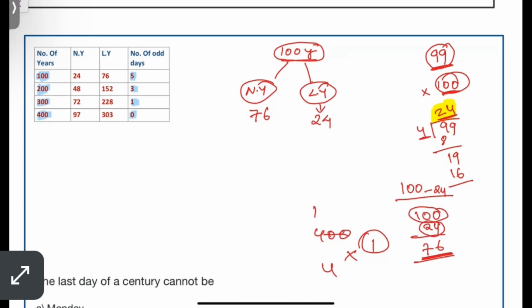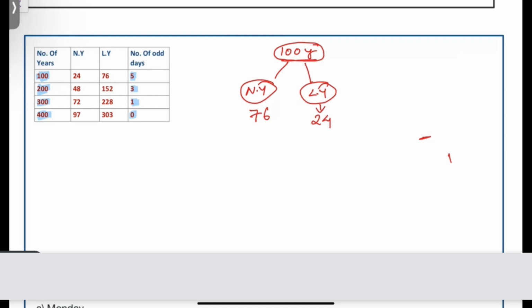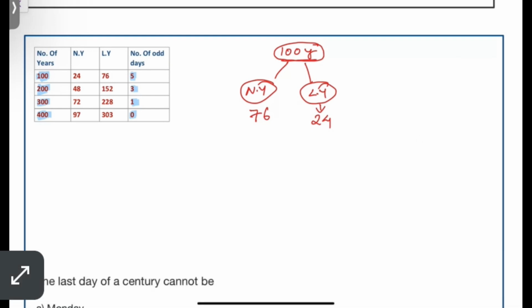So till now, there are 76 normal years and 24 leap years. In a normal year, how many odd days are there? There is 1 odd day. That means 76 into 1, which gives 76 odd days. In a leap year, there are 2 odd days.